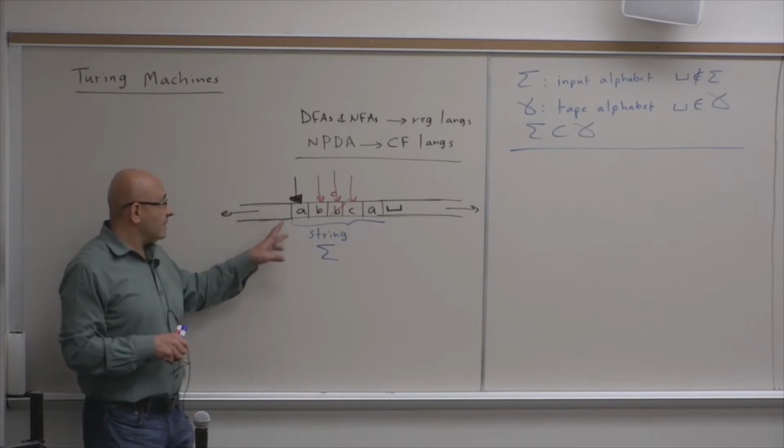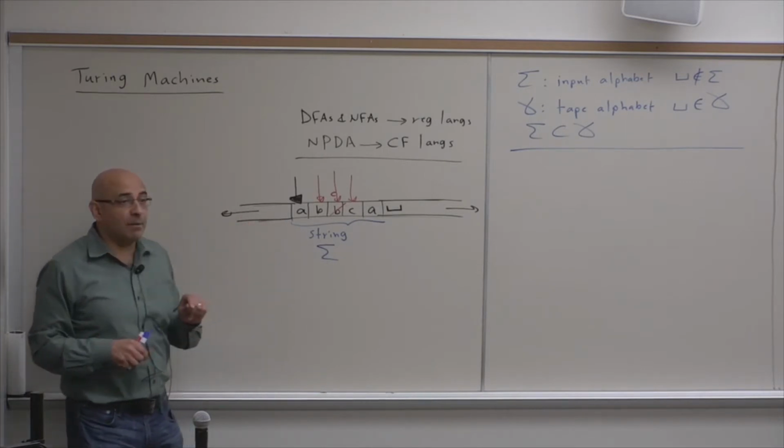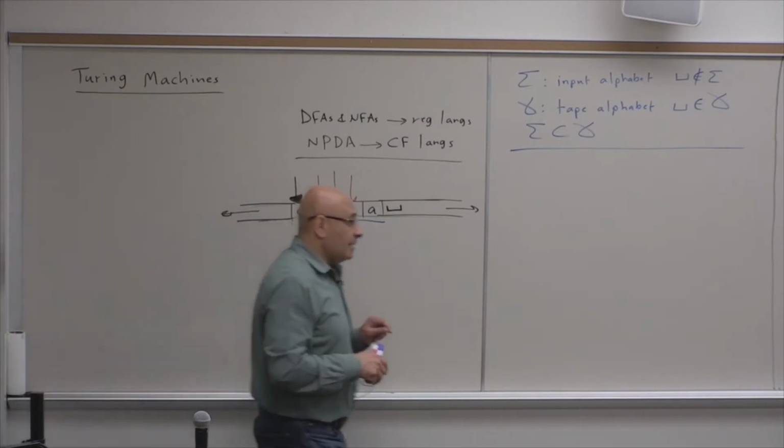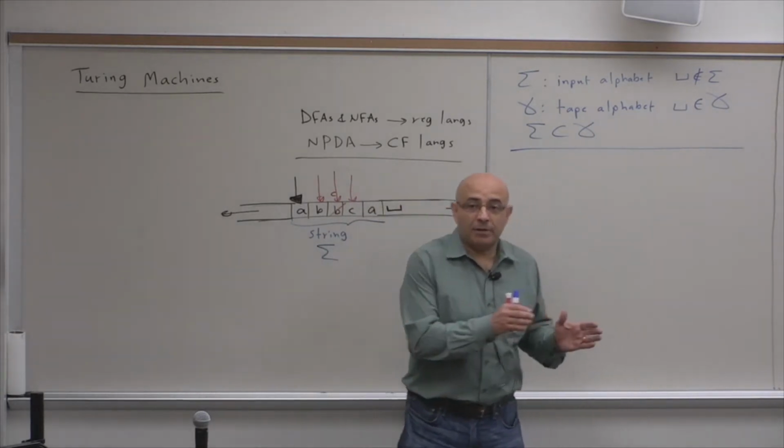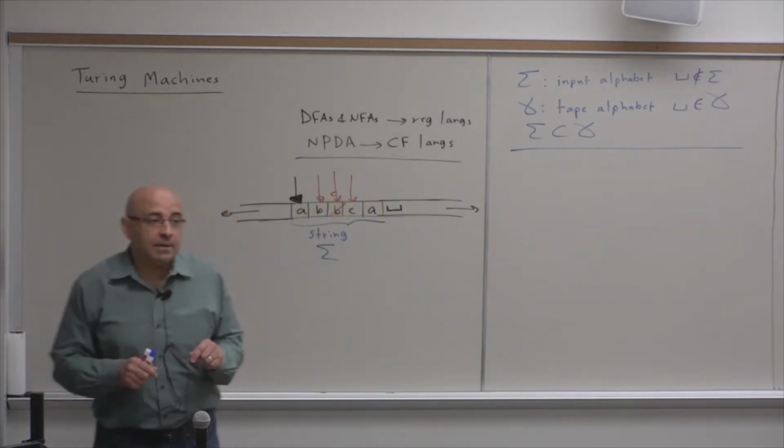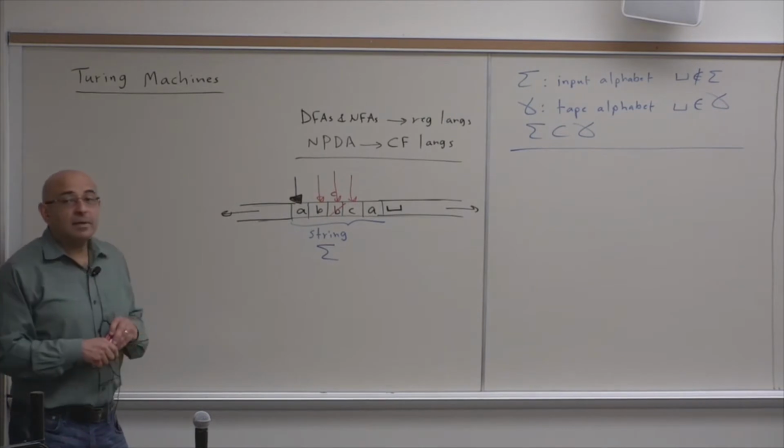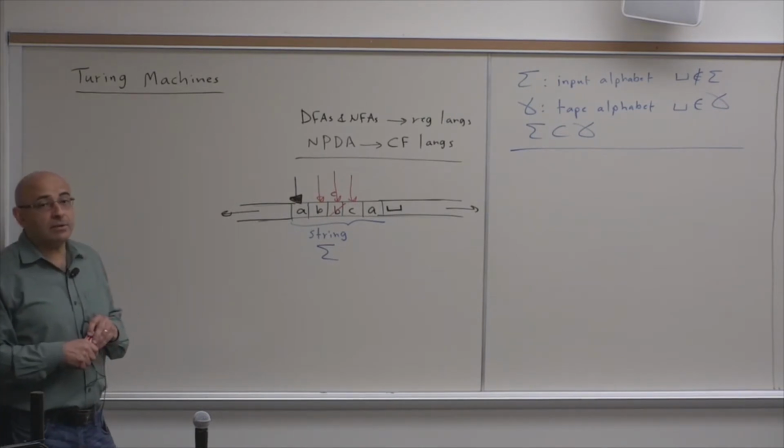And the fact that you can process a symbol multiple times makes the Turing machine more powerful, but also makes it more complicated, because now a Turing machine is not guaranteed to terminate within finite time.